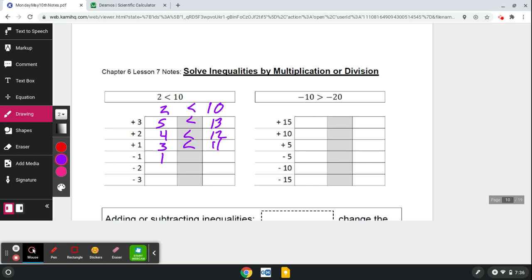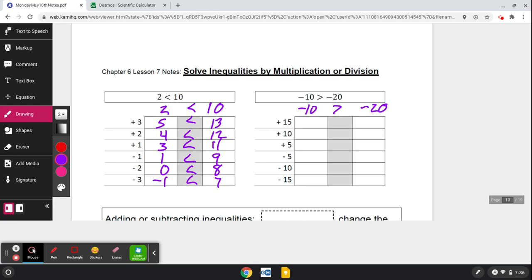Subtract 1, I get 1 is less than 9. Subtract 2, I get 0 is less than 8. Negative 1 is less than 7. So see, nothing changed there, right? All we did was change the numbers, but our inequality sign stayed the same.